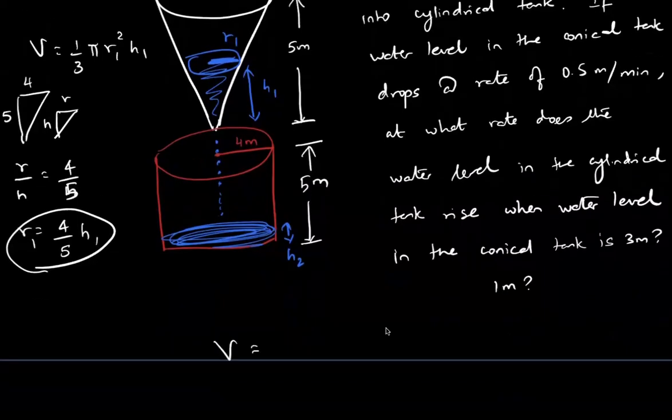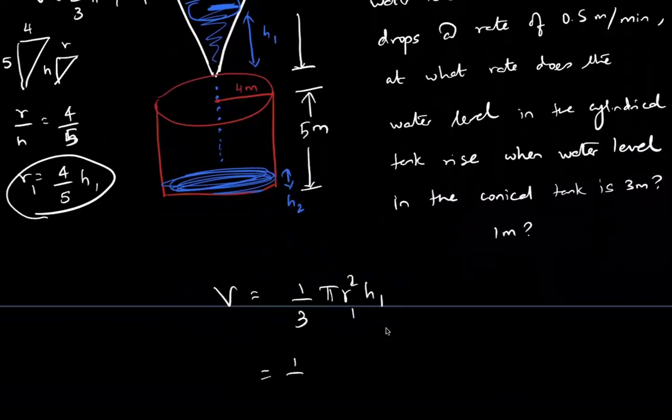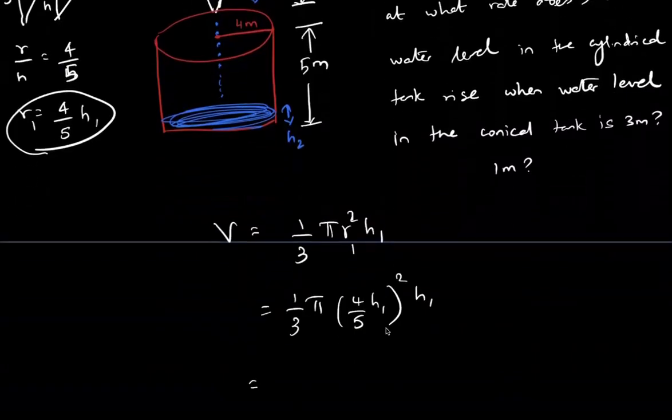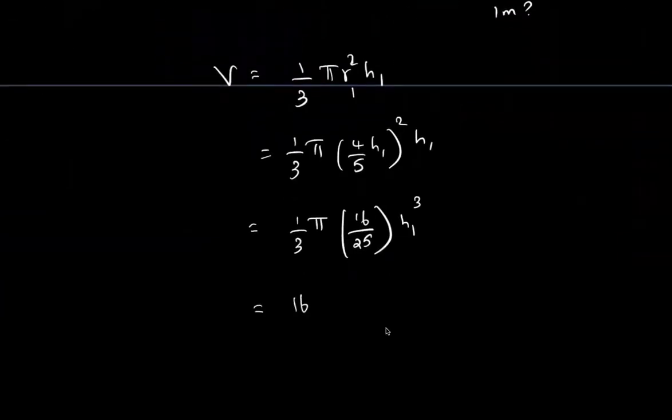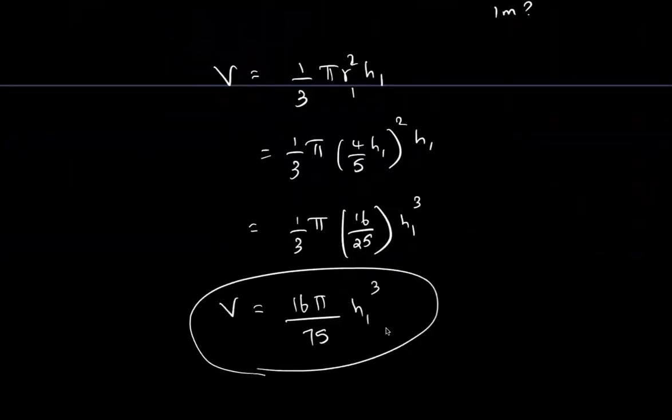So for the conical tank, the volume is 1/3 pi R1 squared H1. Now I write this as 4/5 H1 squared times H1. When I simplify, 4 squared is 16, 5 squared is 25, H1 cubed. So 16 pi over 75 H1 cubed is the relationship between volume and height for the conical tank.